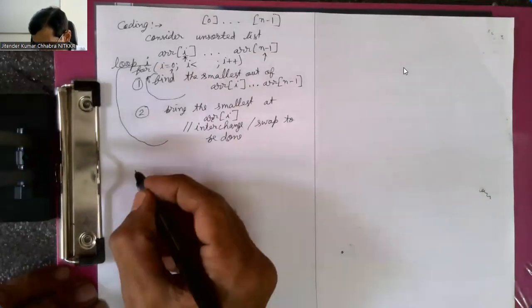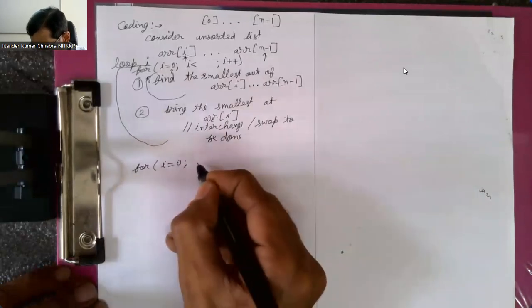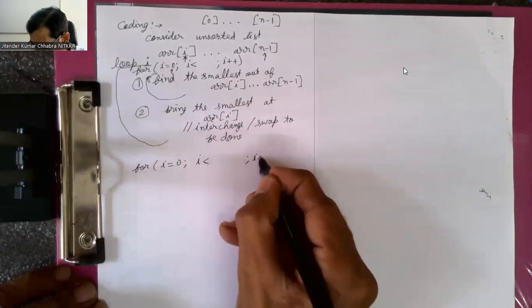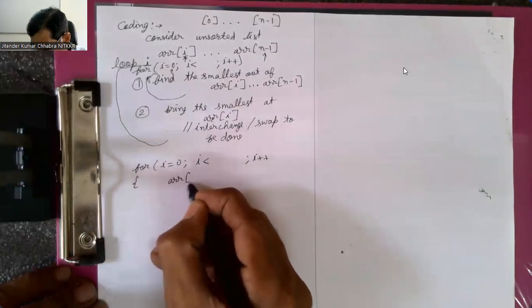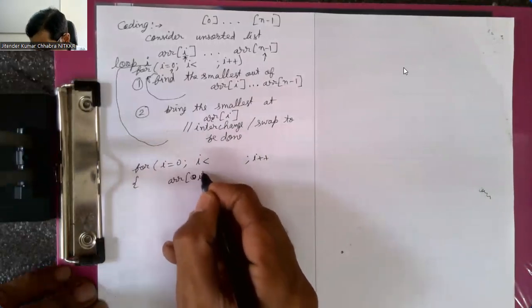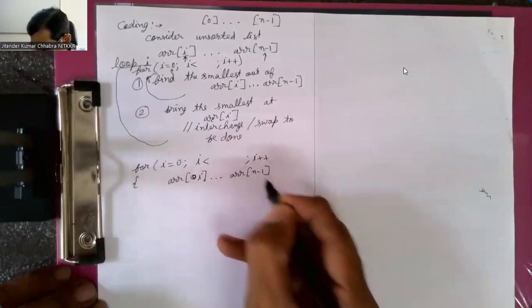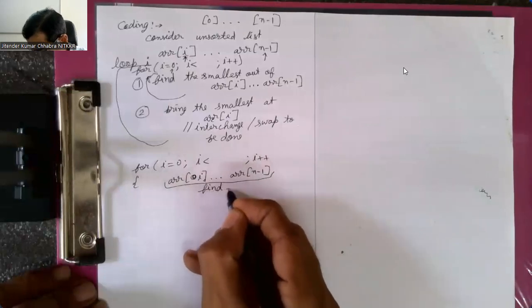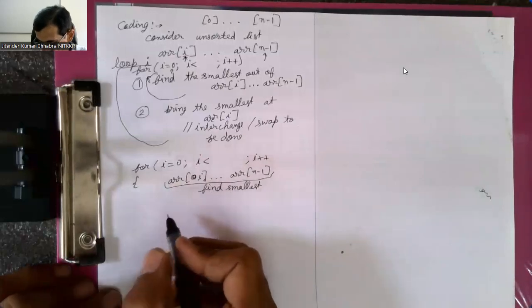Having said that, I can easily see that my logic will be something like i equal to 0, i less than something, whatever you want to write, i plus plus, and effectively I have to consider the list array i to array n minus 1 and find the smallest out of this. Step 1: how to find the smallest?